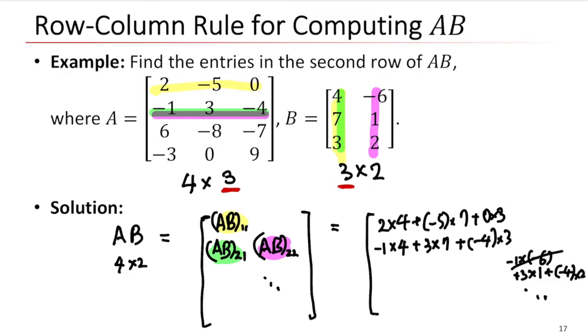So it should be 6, 3, negative 8, so it is just 1.